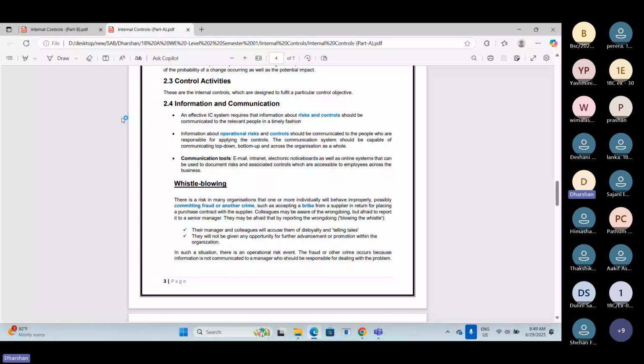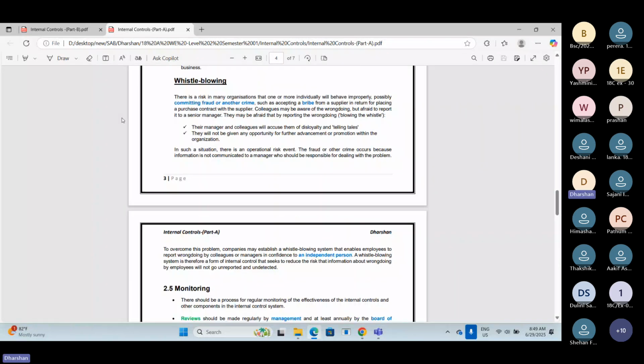I explained whistleblowing last class. An independent person must be appointed by an organization to receive information on illegal activities done by the organization's employees. If anyone is involved in illegal activity, for example a bribe, that information must be taken from the employee and communicated to the relevant authorized person.